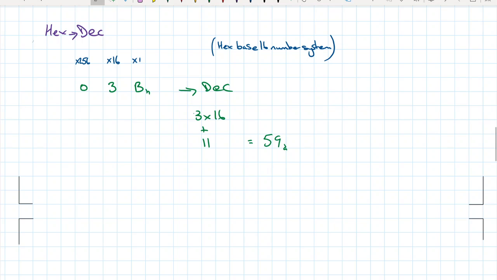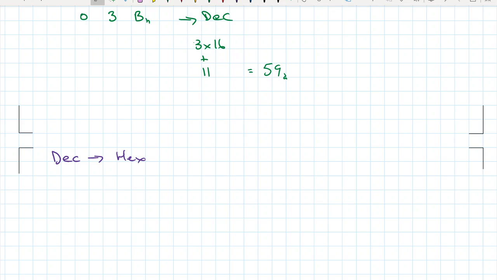Let's do it the other way around. I only wanted this to be a short video anyway. So if we want to do decimal into hex, what we have to do is go back to primary school sort of division and look at how many 16s go into whatever number we've got and what the remainder is. So if I take 158 decimal and want to turn it into hex, I say how many 16s go into it.